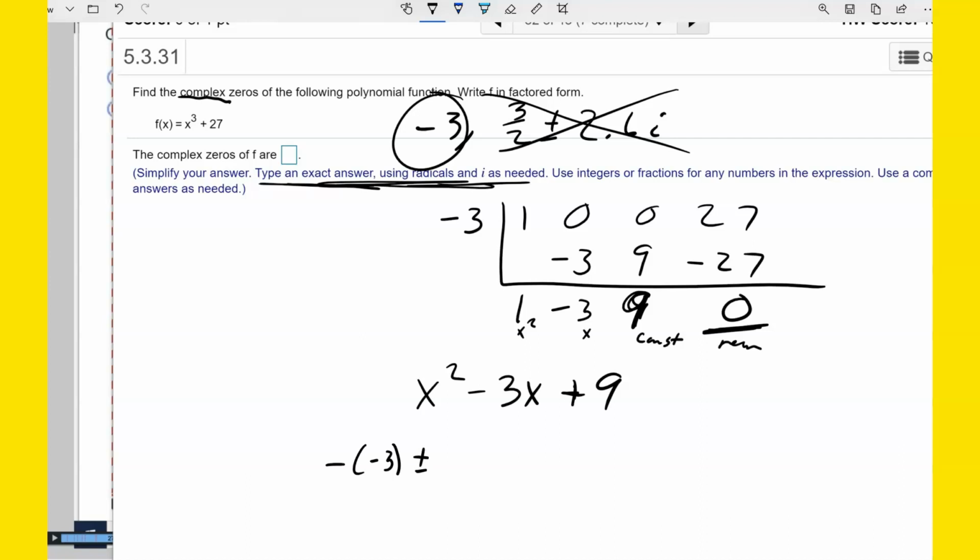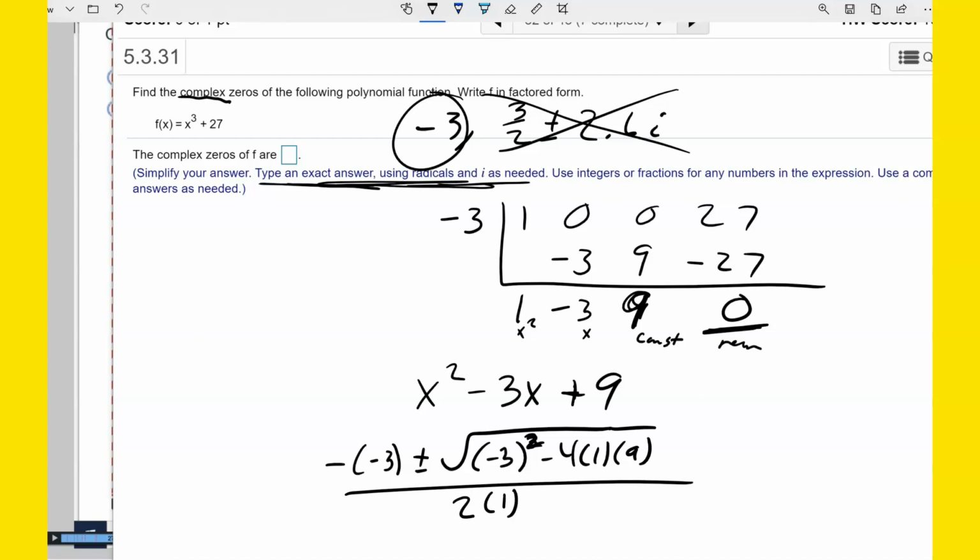-(-3) plus or minus the square root of (-3) squared minus 4 times 1 times 9, all over 2 times 1.